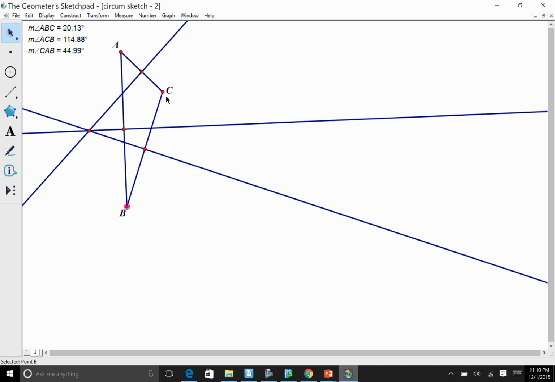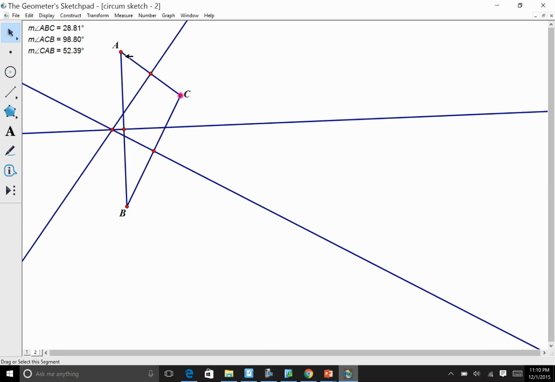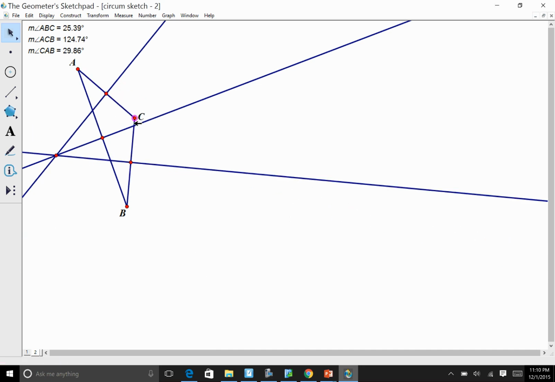Okay. So let's pull it around and see. It's still obtuse. If I pull it and move it around a little bit, still obtuse, flatten it out, still obtuse, and that point is still on the outside.